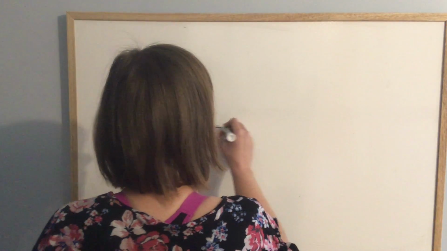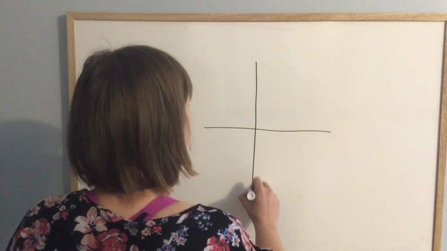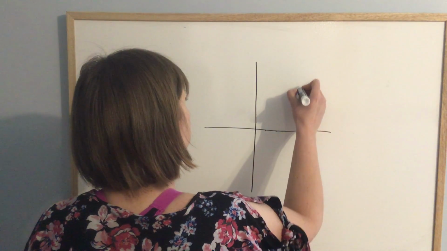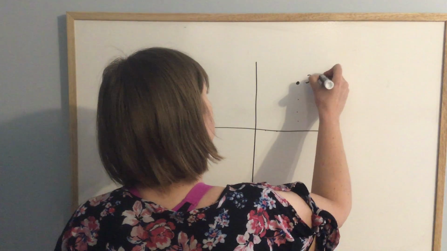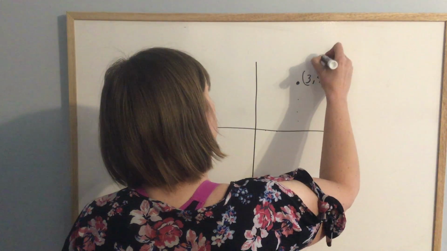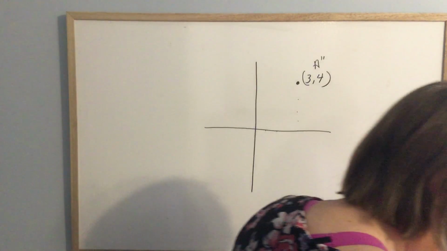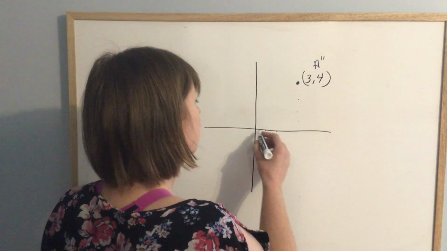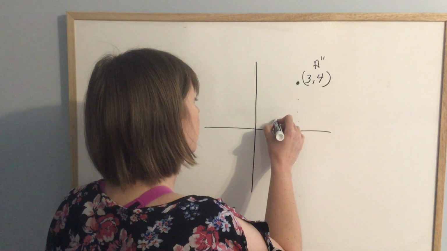And I'm going to start with black, has vertices. A prime prime is 3 and 4. 1, 2, 3, 1, 2, 3, 4. And B with 2 primes is 2 and 1. 1, 2, and 1.